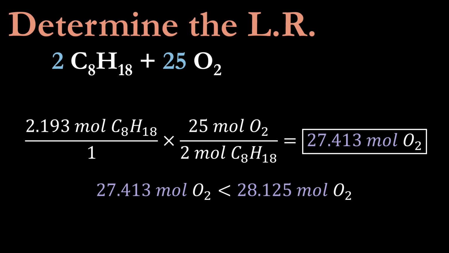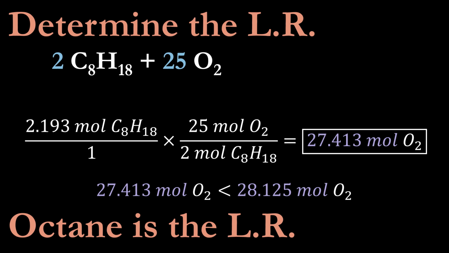Well, what I do is I compare this number to the number that I wrote down in the table, the 28.1225 moles. And what I find out is that I have a little bit extra oxygen, and that means that the octane is my limiting reagent.